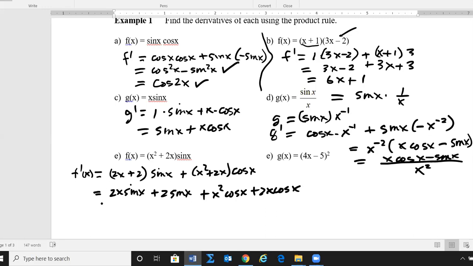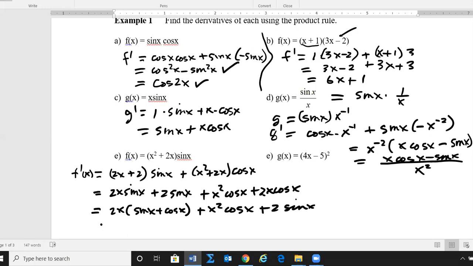That's probably about the best you could do. You might say, let's get those x terms together. You've got 2x, and then you have a sine x plus a cosine x. And then these other two terms, like I said, there's really not much you can do here. X squared cosine of x, and then a 2 sine of x.